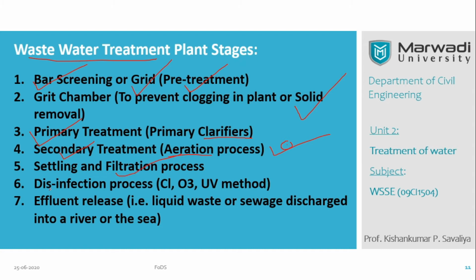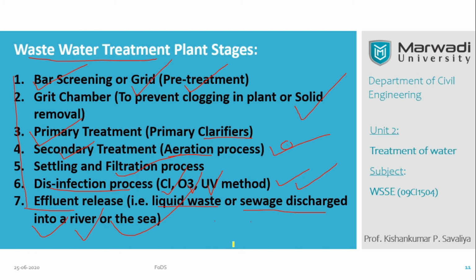Then disinfection: chlorine, ozone and ultraviolet method. And finally effluent. Effluent is nothing but liquid waste or the sewage discharged into the river or sea. So these are all the stages that you are going to understand for the wastewater treatment plant.